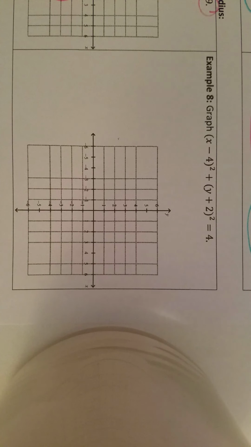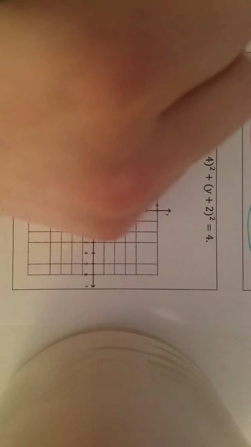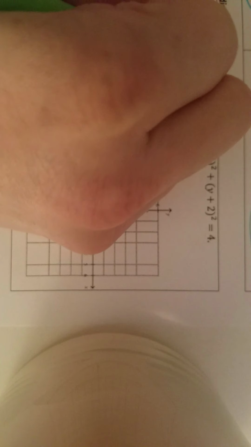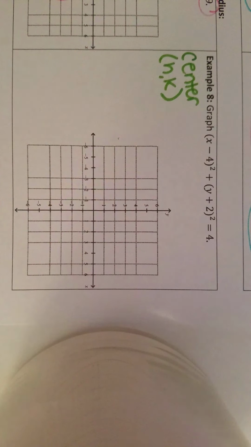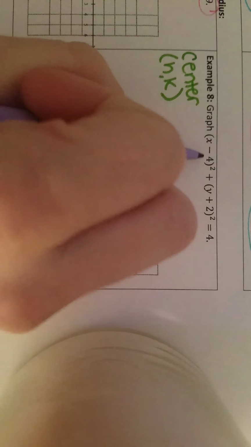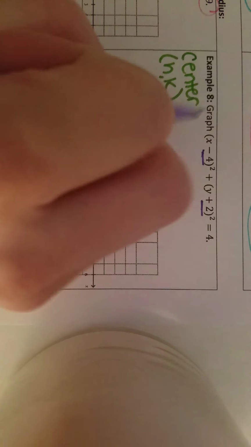And so we got to start by finding the center. And the center is h comma k. And so to do that, it's the opposite. H is always the opposite of this number, and the k is the opposite of that.